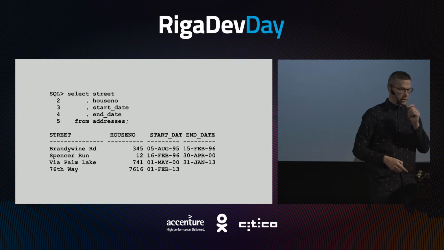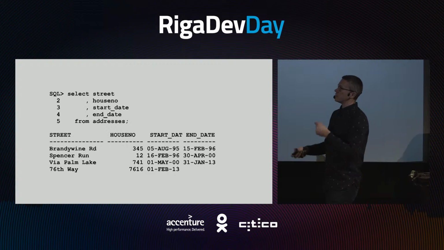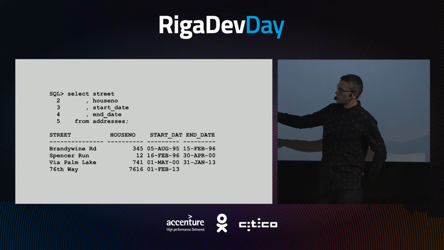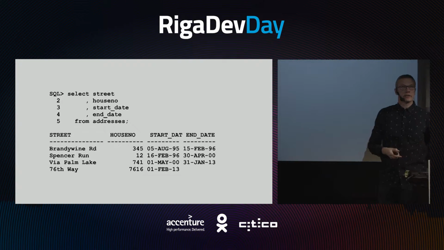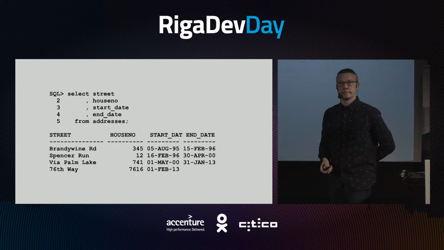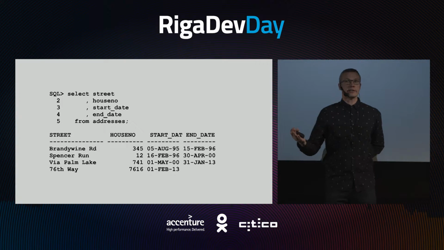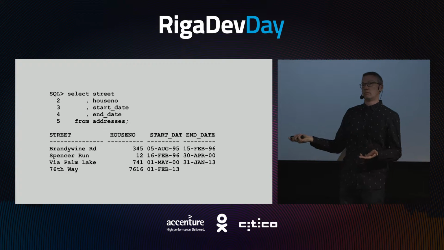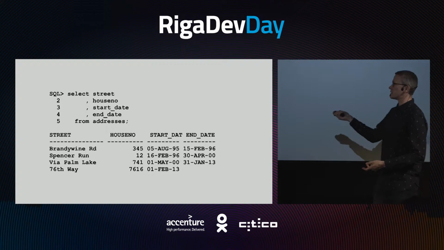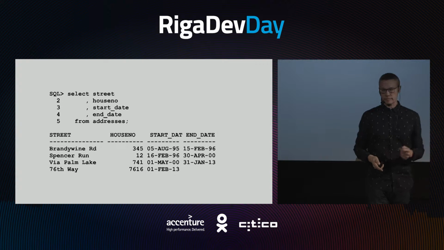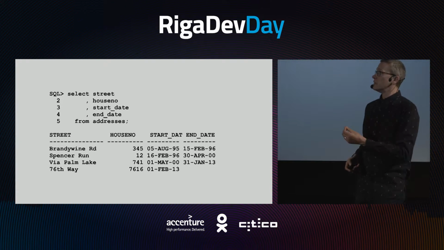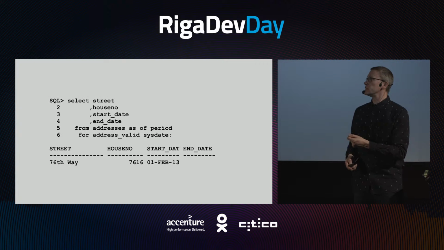In my addresses table, we have different streets, different house numbers, and different start and end dates of when I lived there. So what's my current address? Yeah, exactly, the last one, because it has a start date but no end date, so it's still current. What can you do with this validity period?